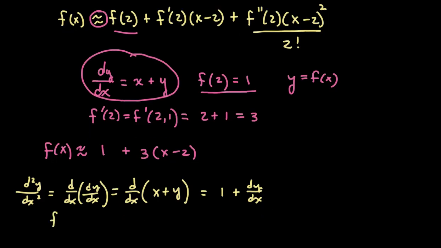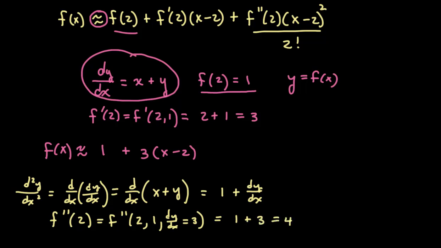And so now f double prime of 2 is really f double prime at x equals 2, y equals 1, and dy/dx is equal to 3. So then this becomes 1 plus 3, which equals 4. And so I add that, 4 times (x minus 2) to the power of 2 over 2 factorial.